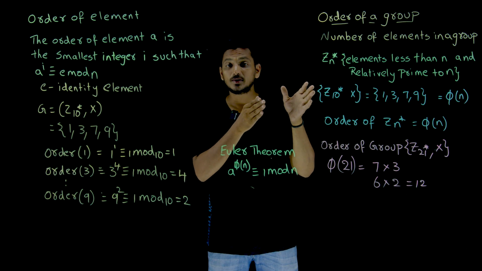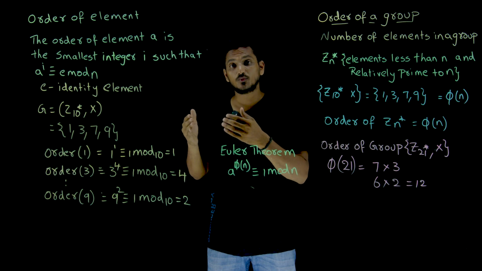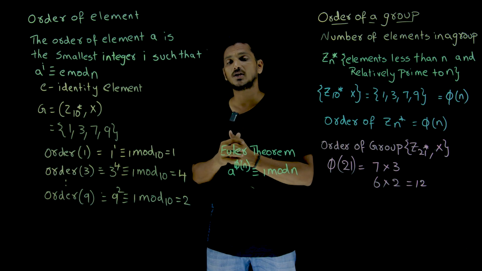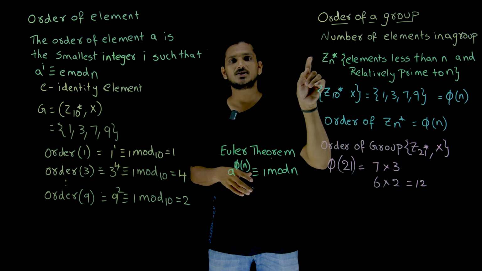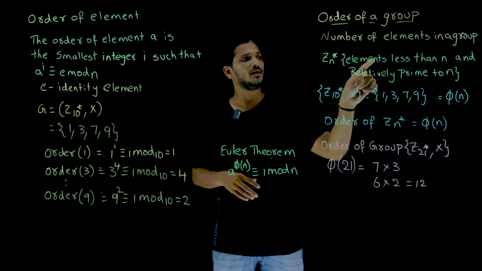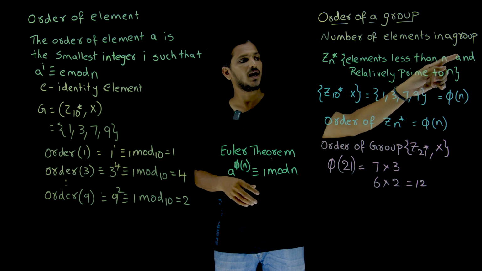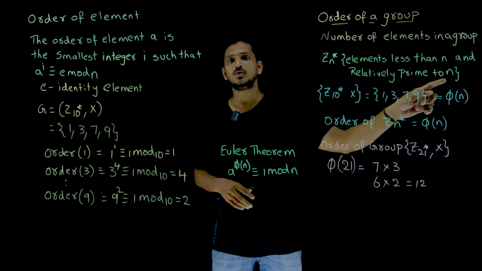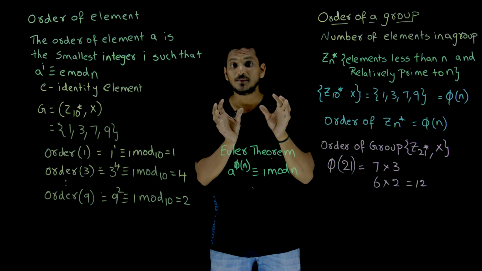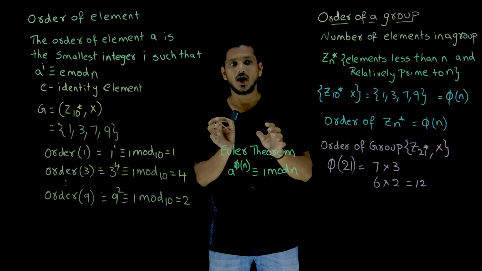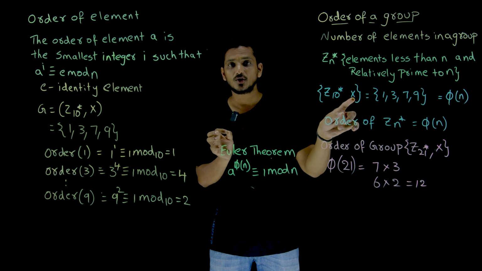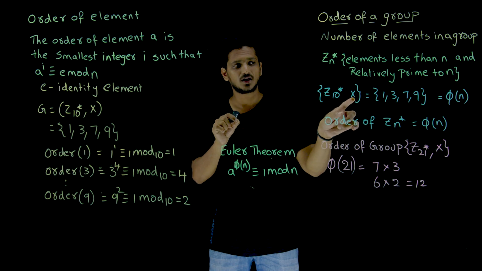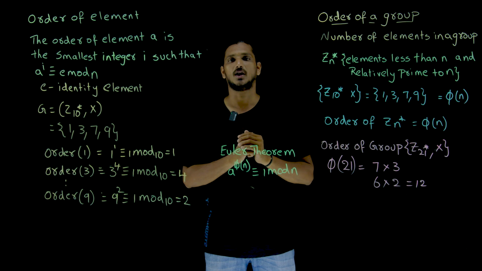These are the examples which we already used in our previous classes. What does Zn star group mean? The elements less than n and relatively prime to n. These elements belong to that group, and the operation that we are going to use on that group is the multiplication operation.